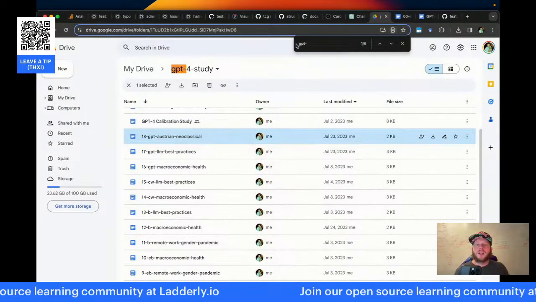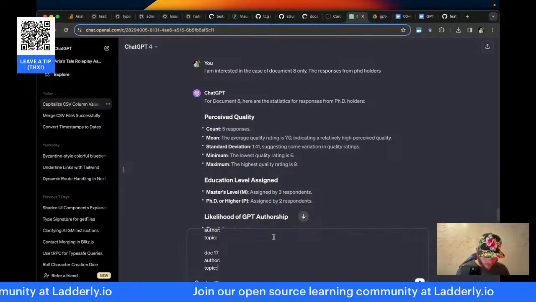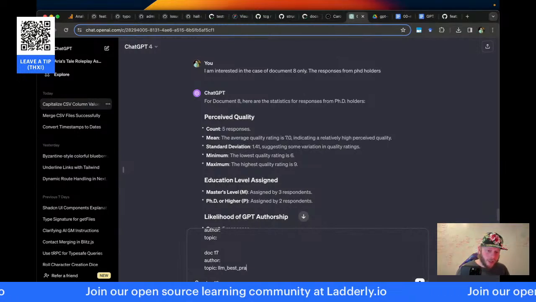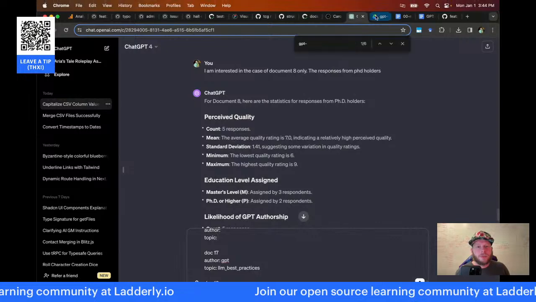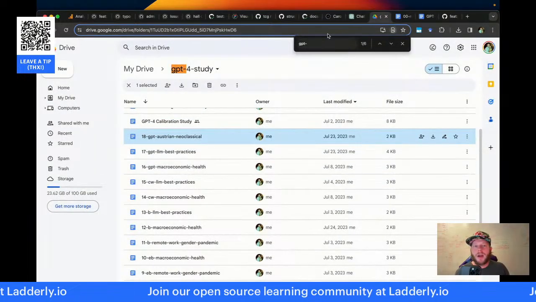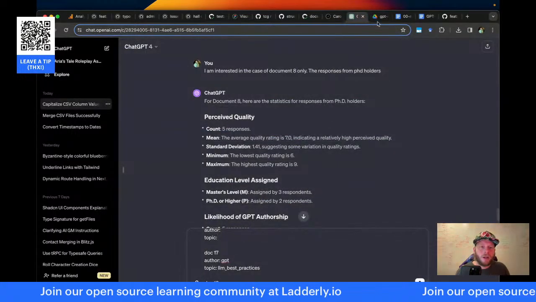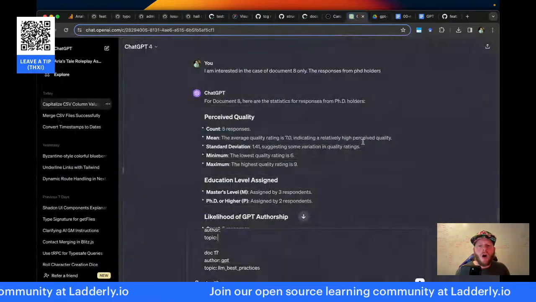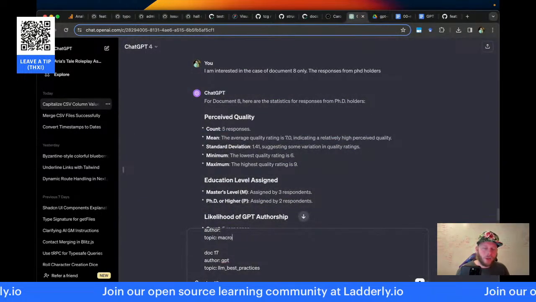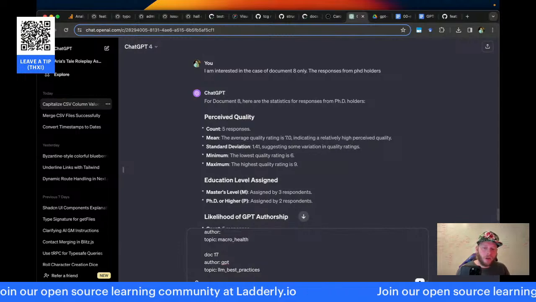LLM best practices. Author is GPT. 16, so we're going to collate this by hand. That's fine. Macroeconomic health. Wait, the author there is GPT also? Okay. Macro health, author is GPT.